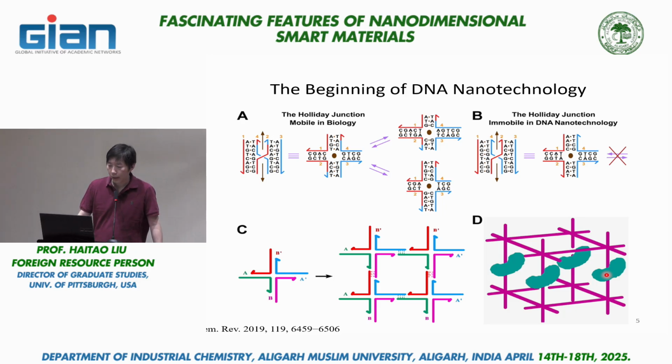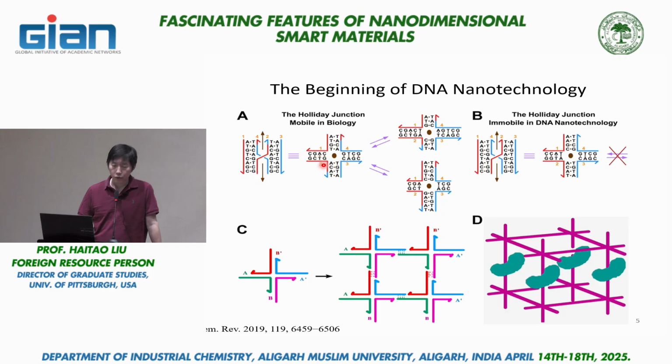Okay. Now, how can you do this? Well, what Ned Seeman thought about very early on was some kind of DNA junction, and one type of junction he worked with in particular was the so-called Holliday junction.